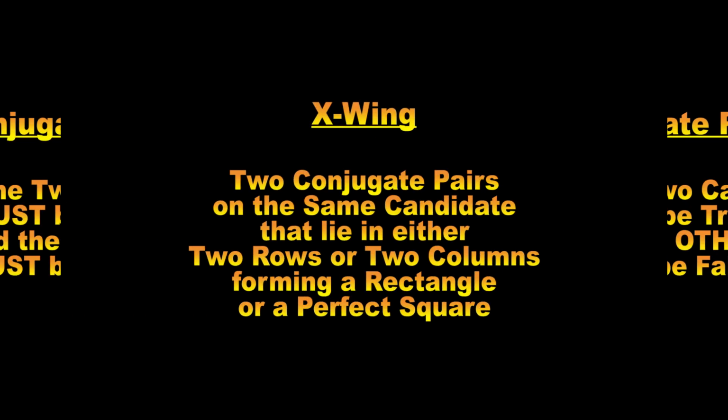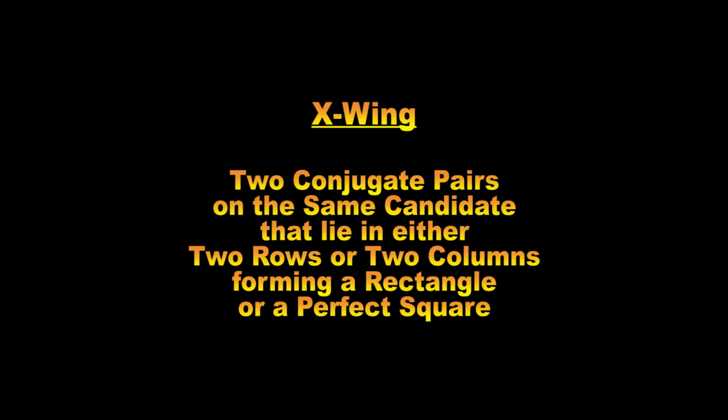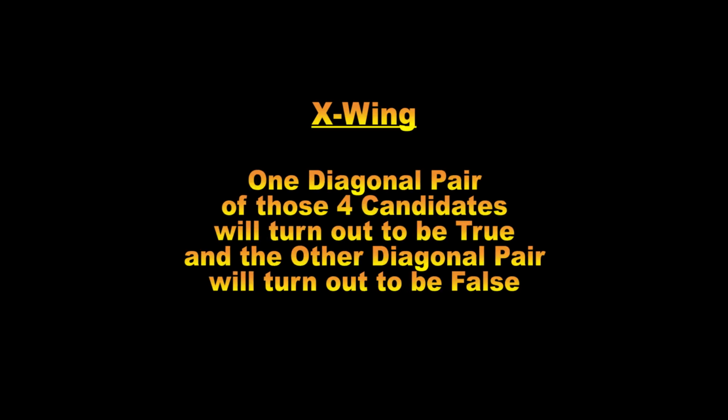And when you have two conjugate pairs on the same candidate that lie in either two rows or two columns, and they line up in such a way as to form a rectangle or a perfect square, we call this an X-wing. And when this happens, we will immediately know that one diagonal pair of those four candidates will turn out to be true, and the other diagonal pair will turn out to be false, even though we don't yet know which is which.